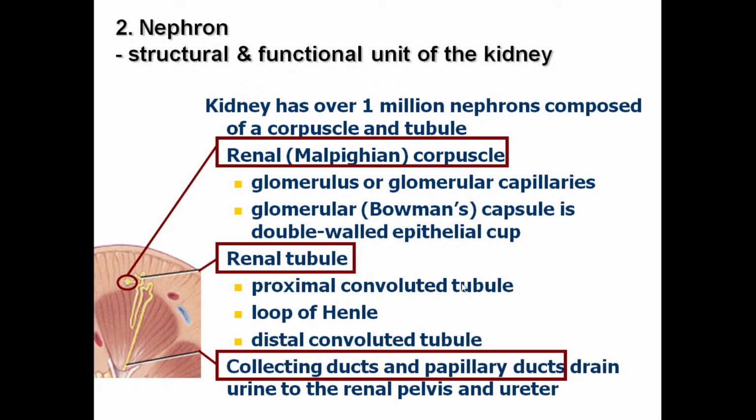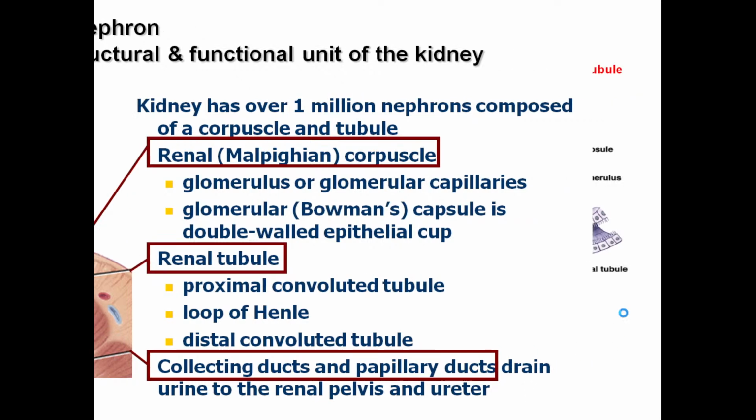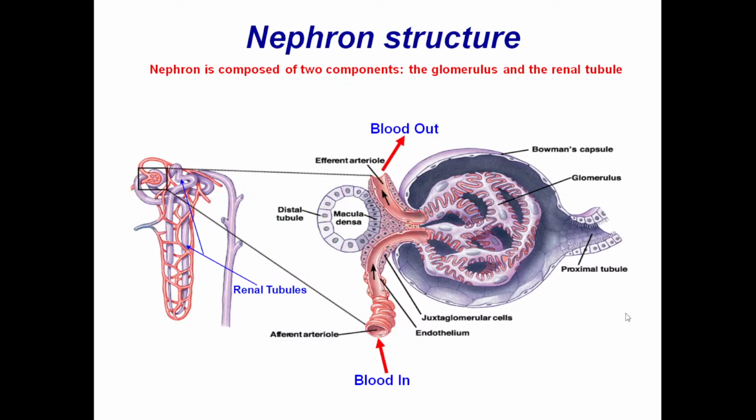It is composed of the renal corpuscle, the system of renal tubules, and it ends with collecting ducts and papillary ducts. Here you can see more details on the structure of the nephron, which is composed of two major components, the glomerulus and the renal tubular system.